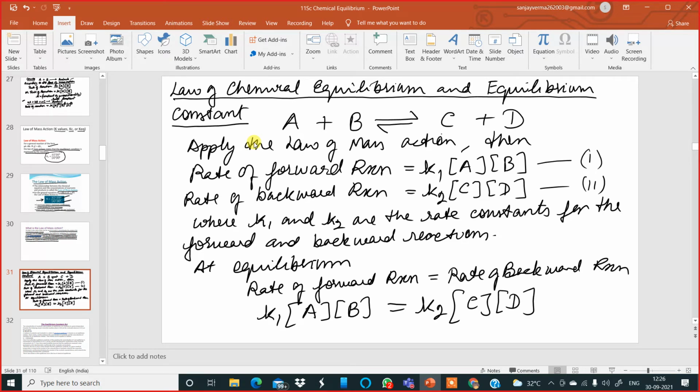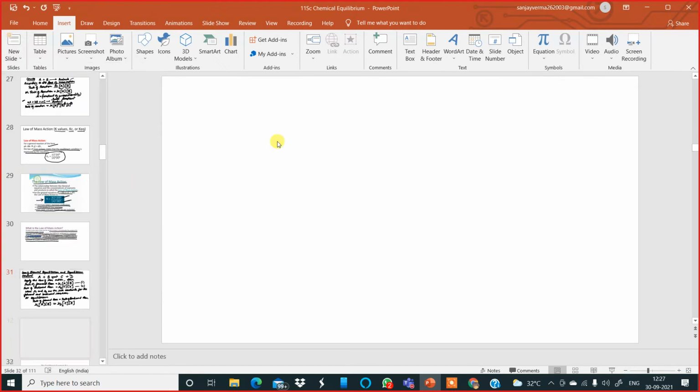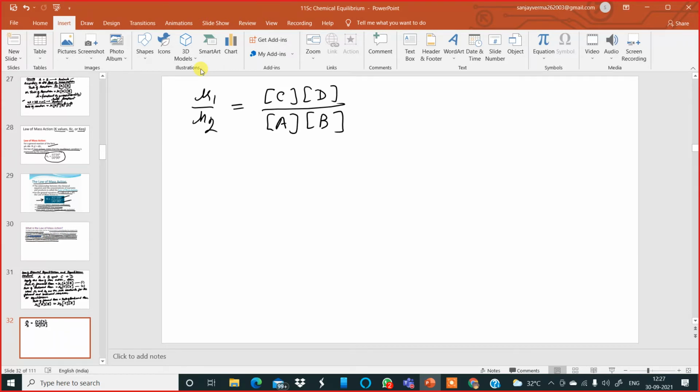Now if I rearrange this, I will get k1 by k2 is equal to concentration of C into concentration of D divided by concentration of A into concentration of B. Okay. Now remember that the temperature is constant. It's a particular temperature.